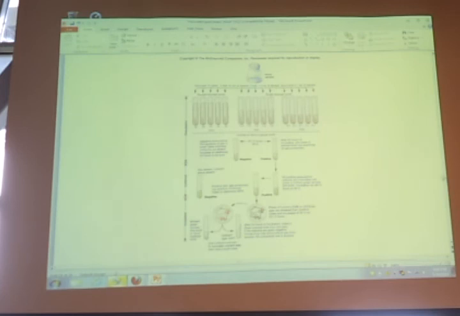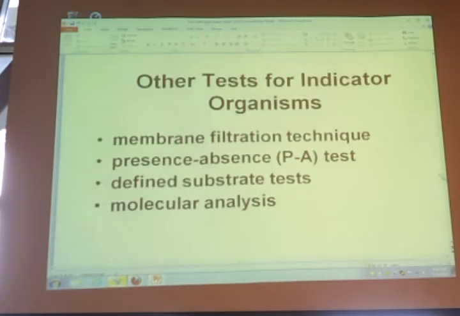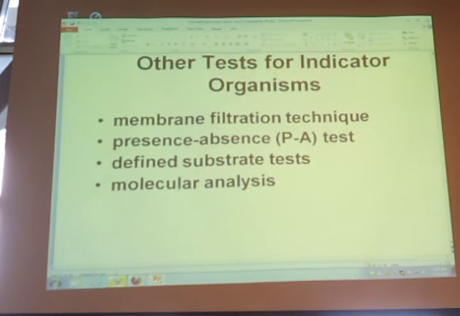Okay, so that's where membrane filtration comes in, because membrane filtration is going to be much quicker. You can get it done within 24 hours. There are some advantages, and you can see there are some other tests that they look at too.